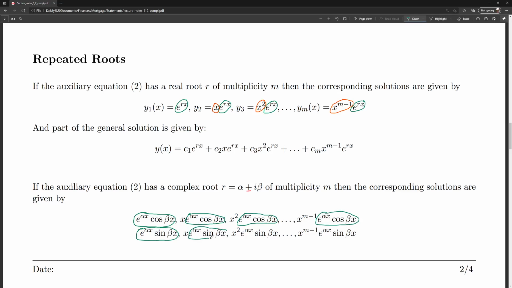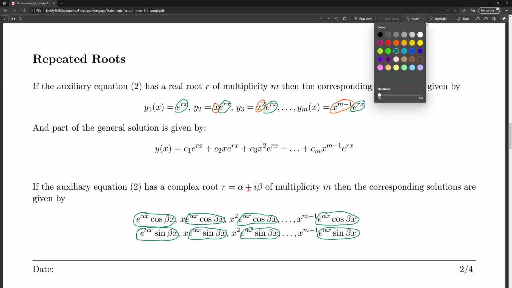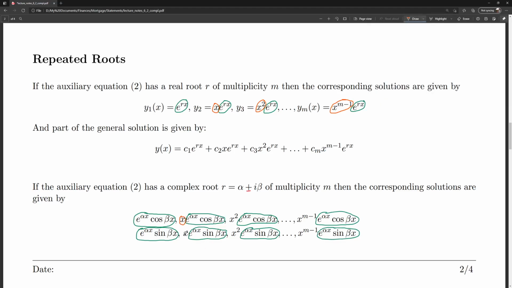And here as well, all the e to the power alpha x sine beta x. And then the powers of x in front of that basic solution take care of repeated roots.